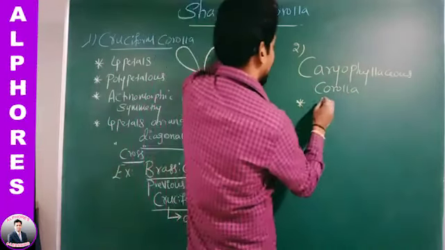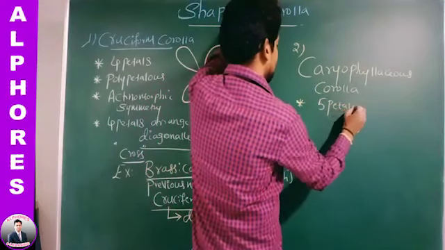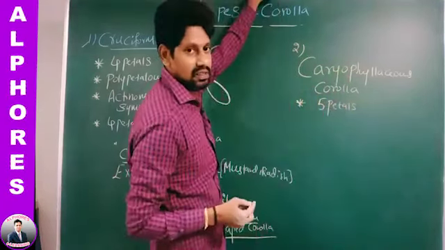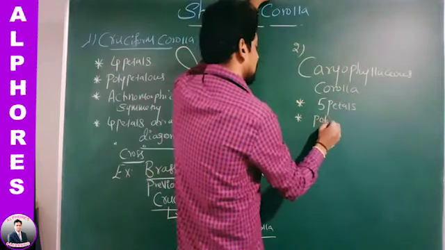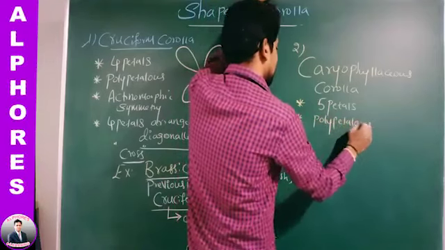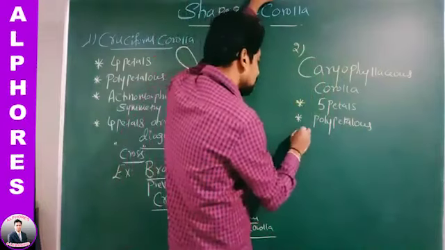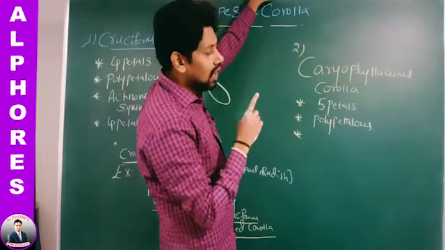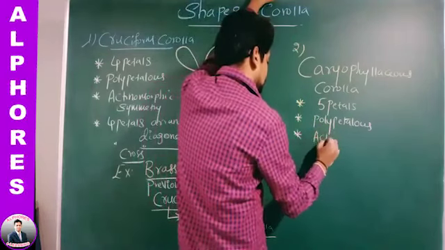Five petals are present. These five petals are free, so I am calling the condition polypetalous. This corolla is present in a flower which shows actinomorphic symmetry.